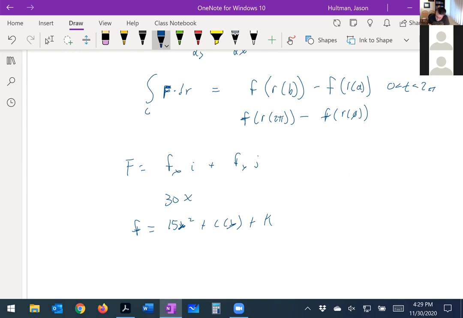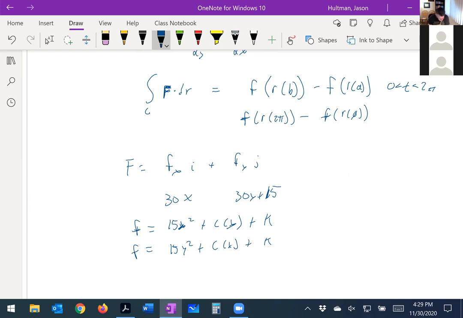What about the y value? I'm just going to distribute. I'm going to call it 30y plus 15. That was for j. Now let's integrate this with respect to y. Well, that becomes 15y squared plus c of x plus k. Is that right?